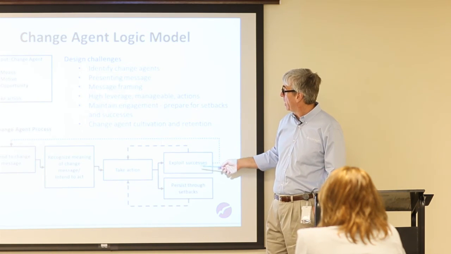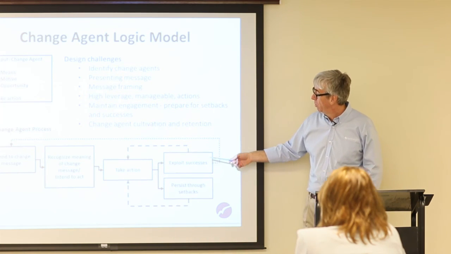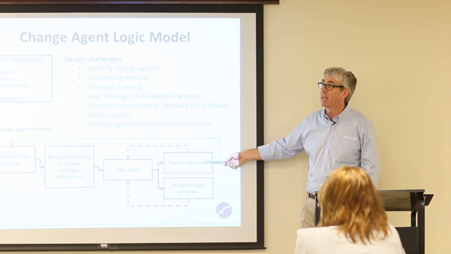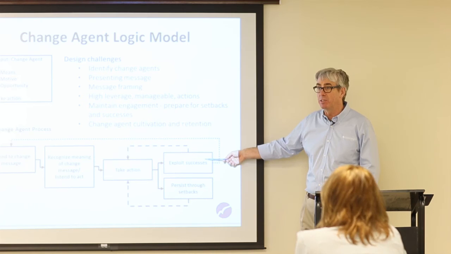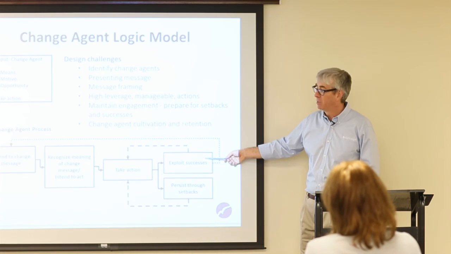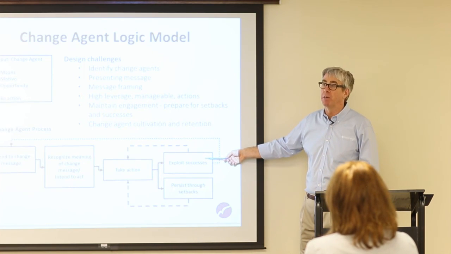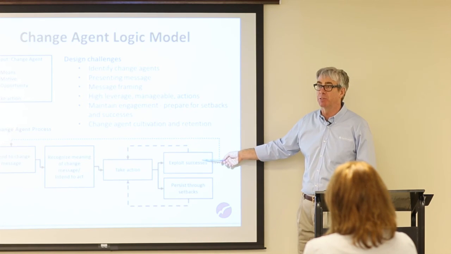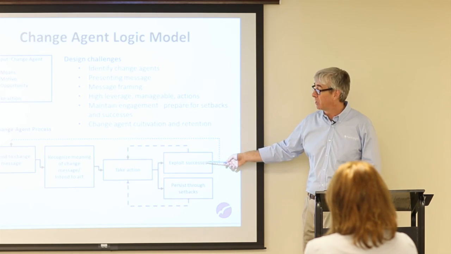And what can we do to increase the likelihood of exploiting successes? What can we design into our interventions? Well, measurement is one. If we can help them institute simple measurement systems and they can see that they're having successes.